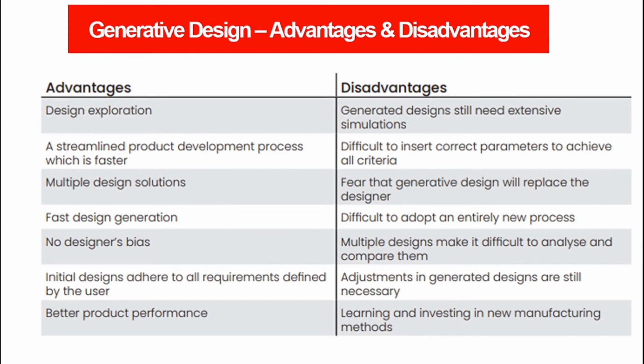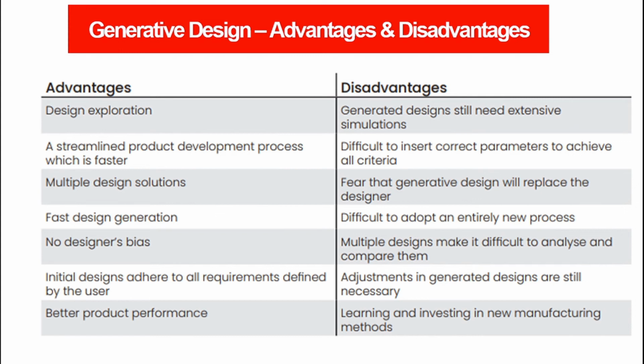So generative design advantages and disadvantages, a major overview. As I said, there is no designer bias, there is design exploration, multiple design models and multiple design solutions, and the product development process is much more streamlined, with better product performance, reduction in weight, and reduction in cost and time.